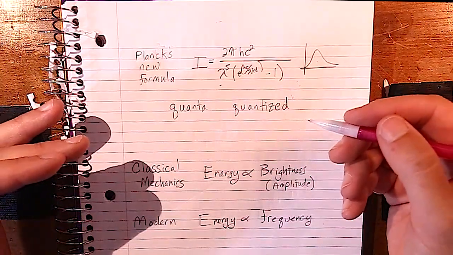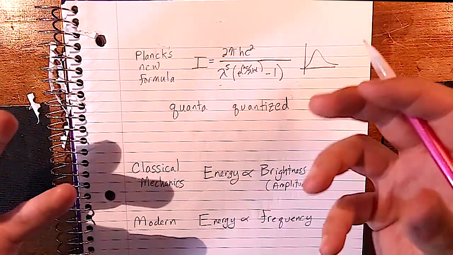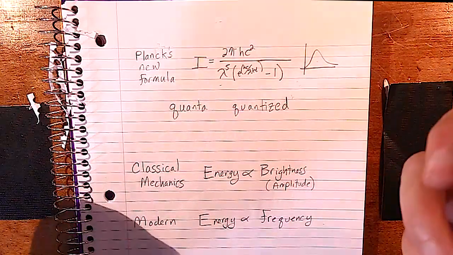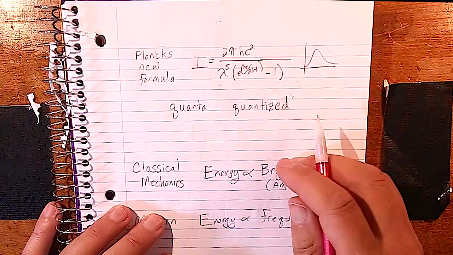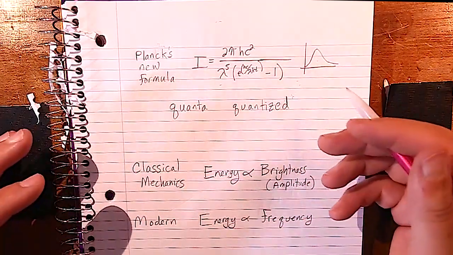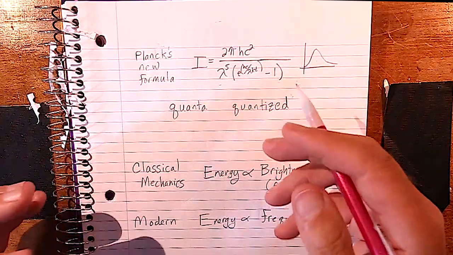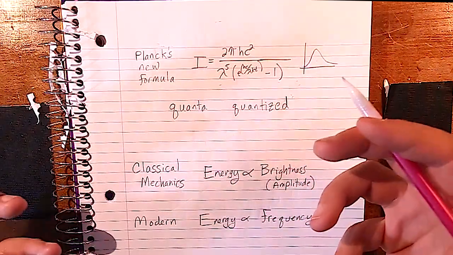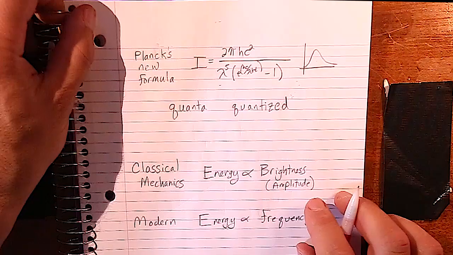It's a fixed amount that you can think of as a whole number of a small bit. And this bit idea is called quantized energy. But the problem is he makes this crazy mathematical formula, but he still doesn't understand why this formula is working, even though it does match the data.